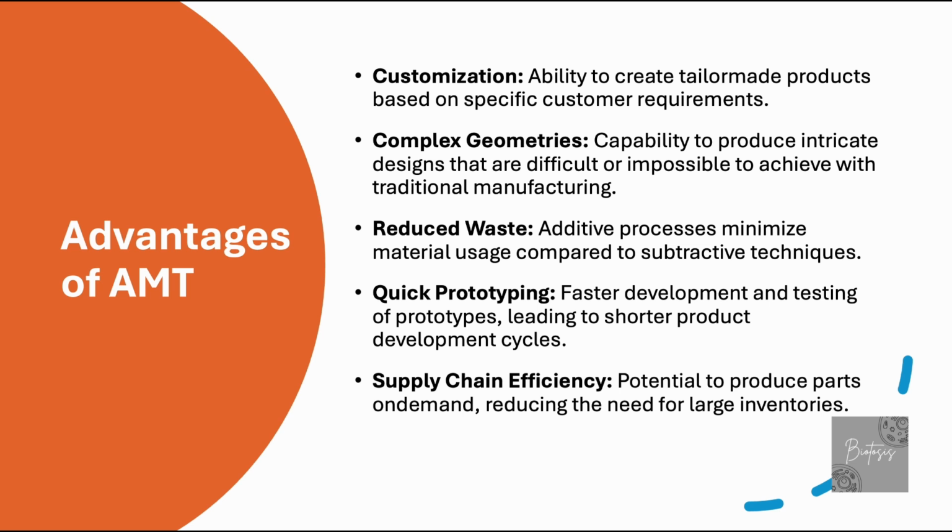So all the complex geometries we can try. Okay, reduced waste. Obviously there is less waste. How is this reduced waste coming out? Earlier, when we had to make something, say an iron carving, we would get a big sheet of iron and cut it down.